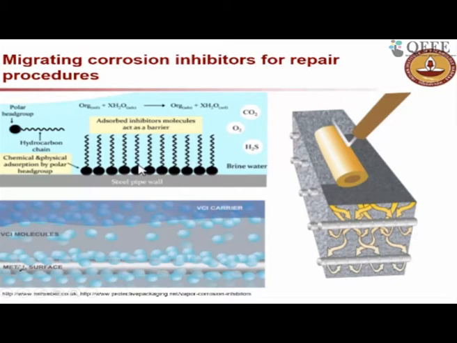When it reaches the steel, it sticks to the steel surface and enhances the corrosion resistance, providing more protection against corrosion. So this is the idea behind migrating corrosion inhibitors.